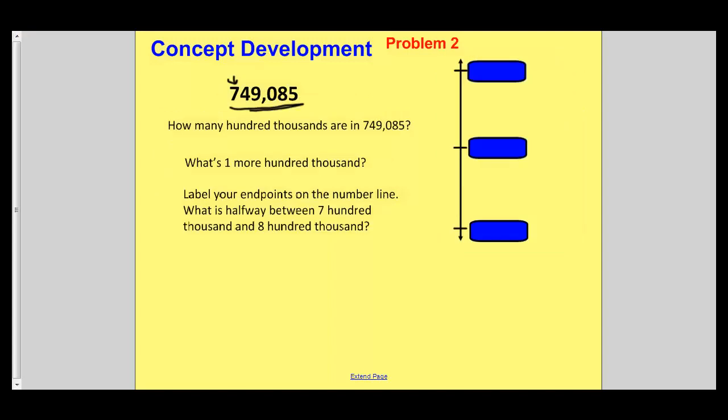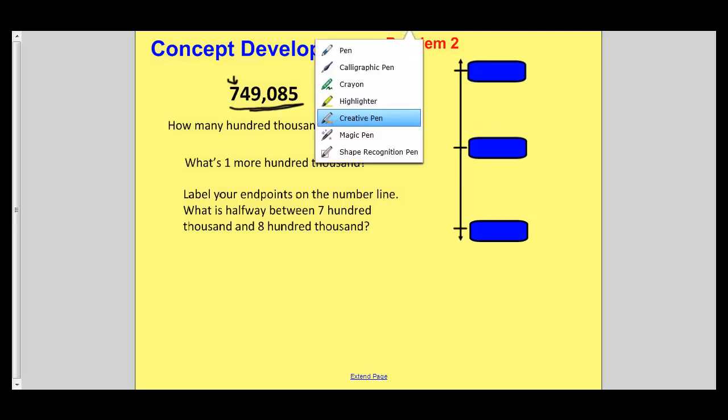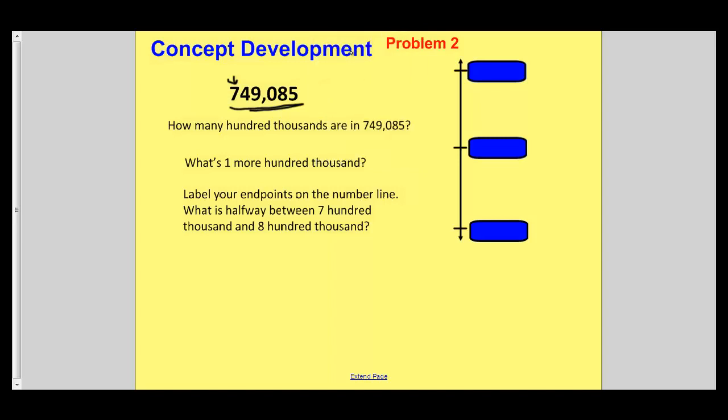Okay, so now I'm ready to label 750,085 on my vertical number line. And let me get my pen feature going. And I'm just trying to think to myself, where would this go on the number line?